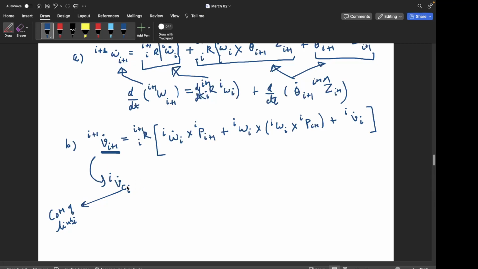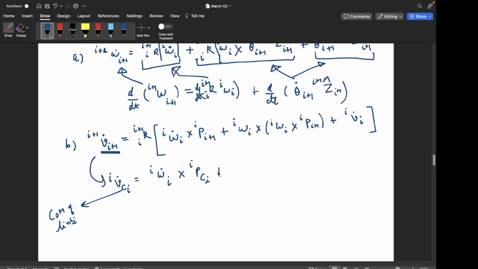So this would be the acceleration of the center of mass of link i expressed in the ith frame, that is the alpha cross r term, and r here would be the position vector to the center of mass.